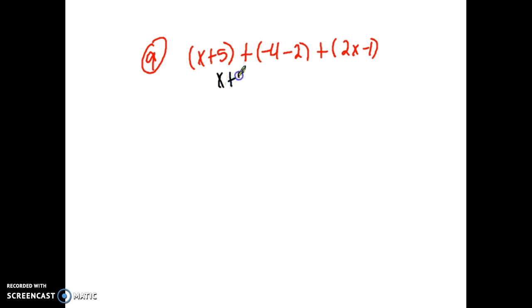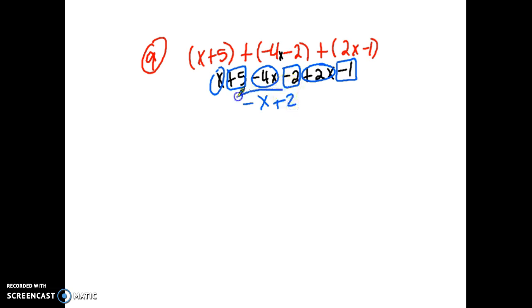I've got x plus 5 minus 4x minus 2 plus 2x minus 1. X minus 4x is negative 3x plus 2x is negative x. 5 minus 2 is 3. 3 minus 1 is 2. It's negative x plus 2.